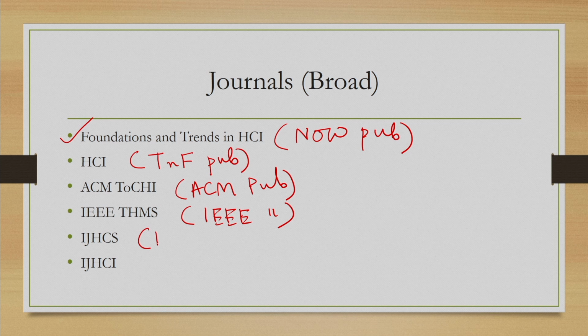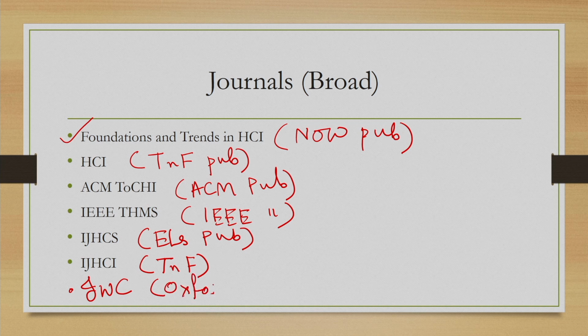This is by Elsevier. Then International Journal of Human Computer Interaction. This is by, again, Taylor and Francis. One more is Interacting with Computers by Oxford University Press.